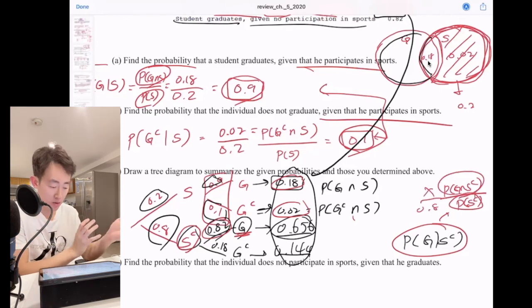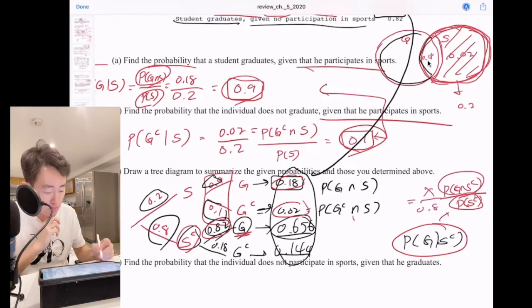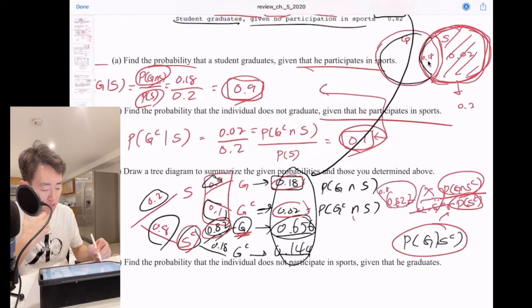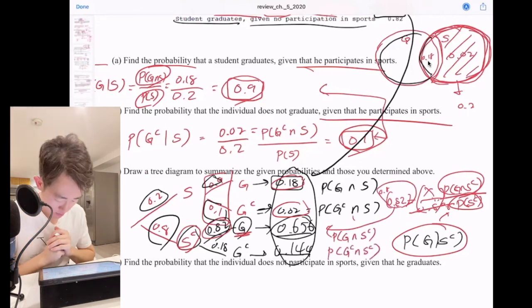Graduating and not playing sports, the conditional probability equals 0.82. When you try to solve for X, you have to multiply both sides by 0.8 to cancel this out, which in turn makes this number the probability of G and not playing sports. And this is probability of not graduating and not playing sports at the same time.